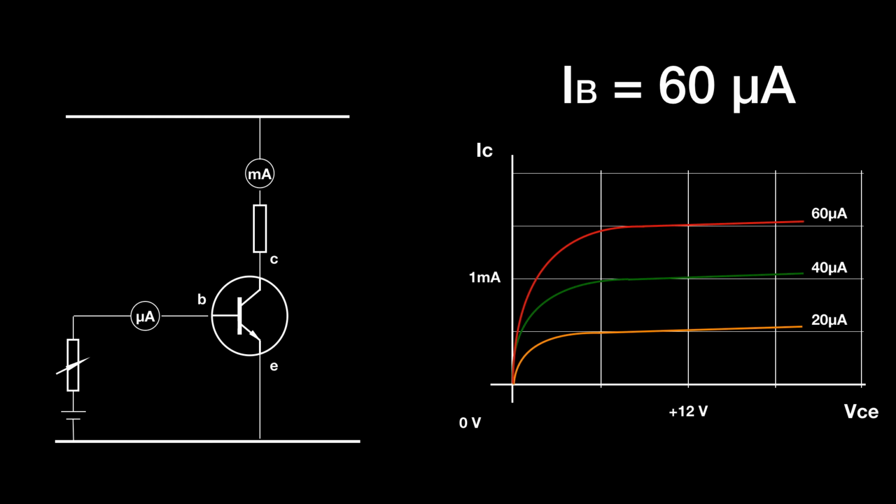So what we're saying here then, and we're restating it, is that the current through the transistor, through the collector emitter circuit, or if you like the collector current, is determined by the base current, not by VCE.